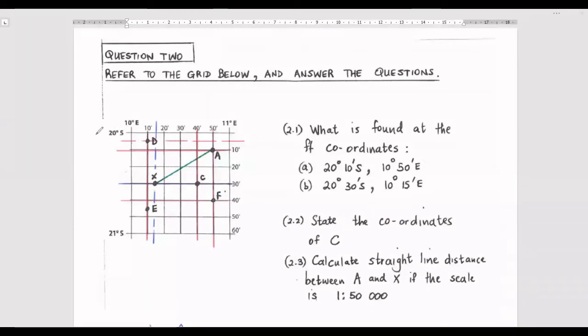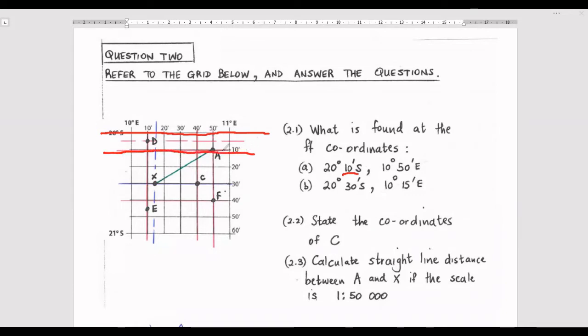Right, 20 degrees is there. There's the 20 degrees south line all the way there. It's a line of latitude. And 10 minutes more now. So there's 10 minutes, and there's our line here, the 20 degrees and 10 minutes south line.